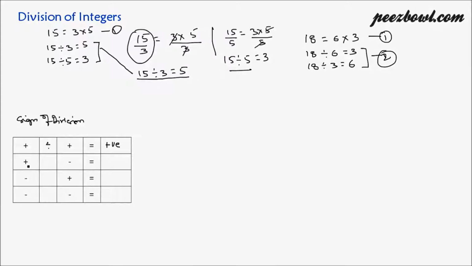When we divide one positive integer by one negative integer, the result will have a negative value. When we divide one negative integer by one positive integer, we get a negative value. And when we divide two negative integers, we are going to get a positive value.